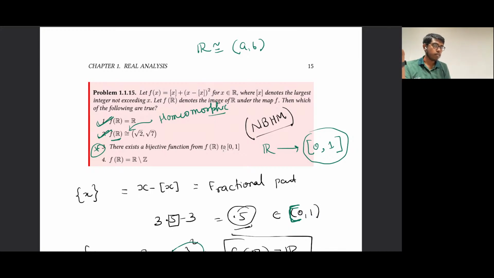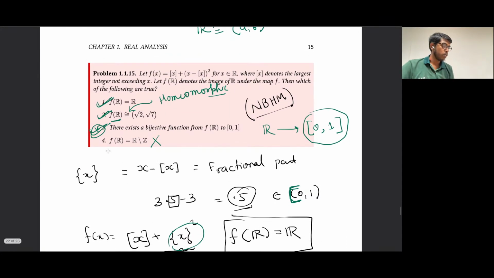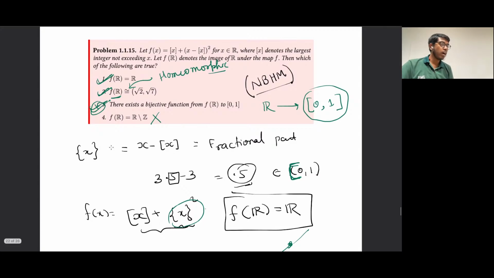Therefore this option is also true, that you can find a bijective function from R to the closed interval [0, 1]. So it is clear, Sariha? And this is of course false. So any doubt in this problem?